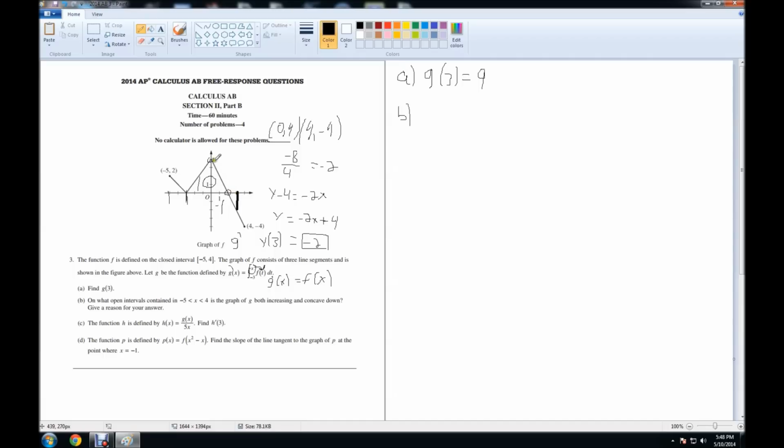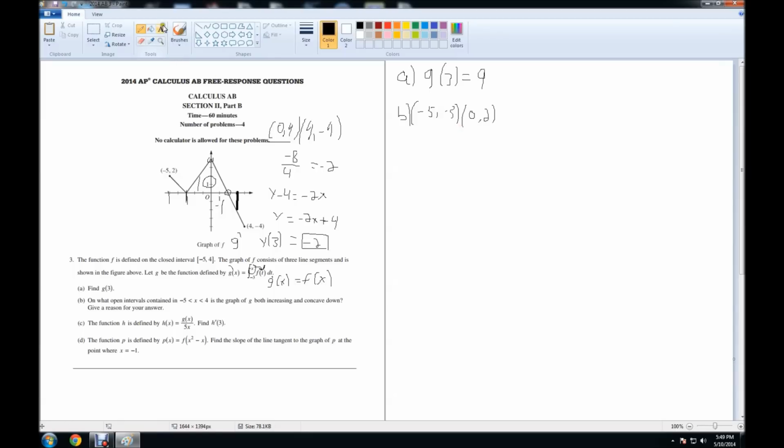Because, again, the values are positive and they're decreasing. So the answer to part B would be from -5 to -3 and from 0 to +2.